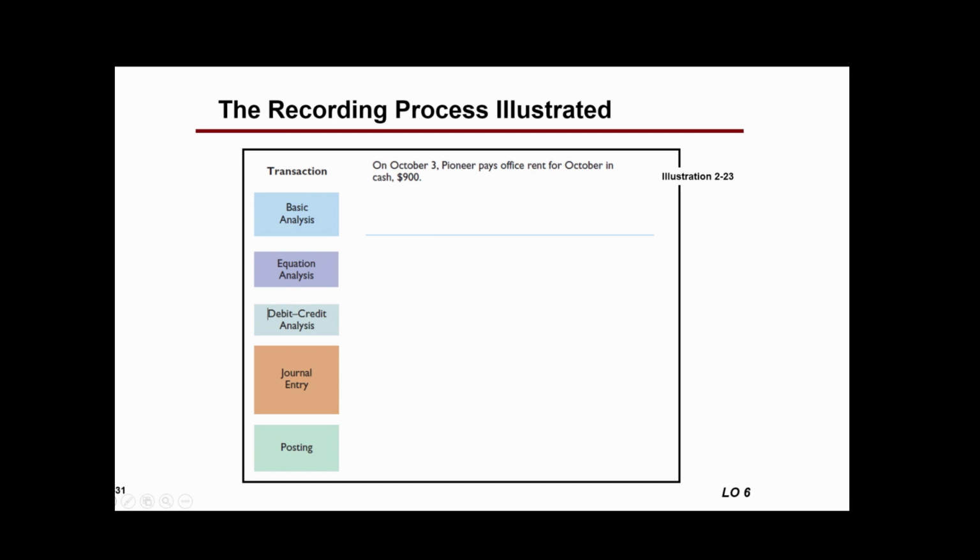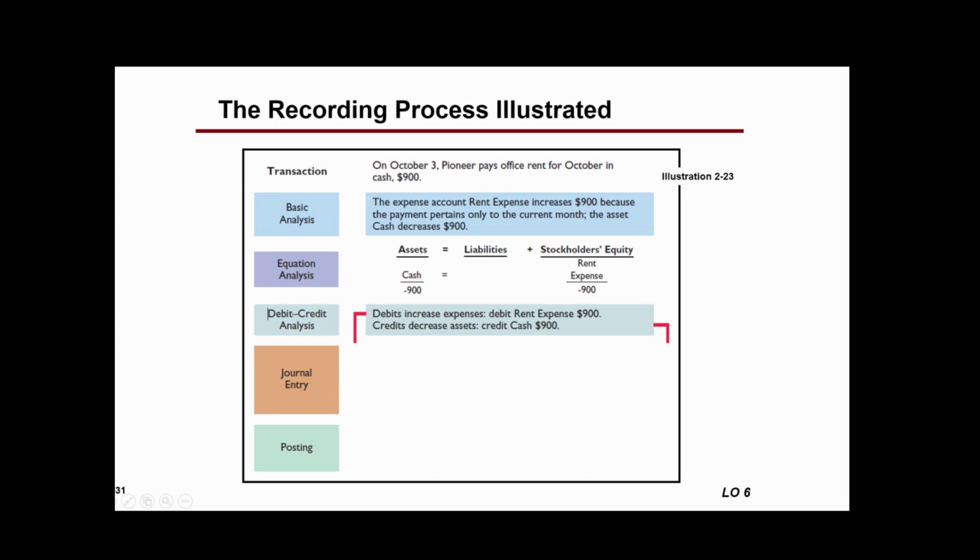So we have cash and rent expense, right? They paid in cash. What happened to cash? Decrease. What happened to expenses? Increase. So cash decreased by 900 and expenses also decreased by 900.